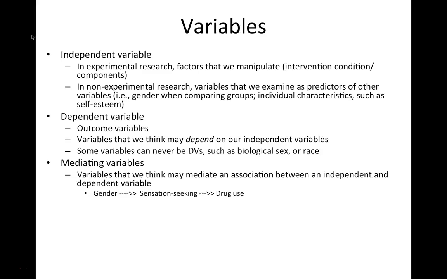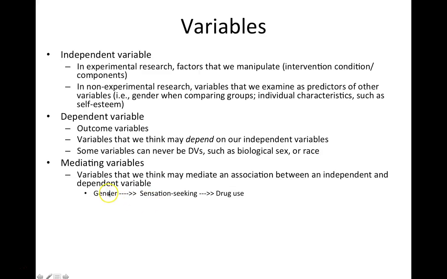So for example, we know from the literature that there is an association between gender and drug use. Men are often more likely to use drugs more frequently, and so there is a basic relationship in the form of a group difference between men and women on substance use. And so we want to find out why that association exists, find out the mechanism of that association.